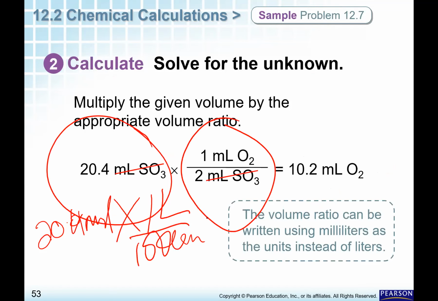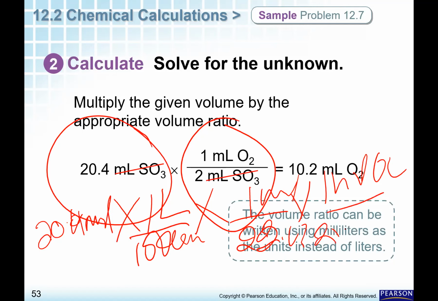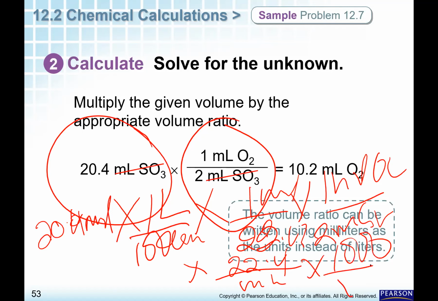Then multiply by 1 mole over 22.4 liters to convert to moles. Then multiply by 1 mole of O2 divided by 2 moles of SO3 to get the moles of oxygen. Then multiply by 22.4 liters divided by 1 mole of oxygen. Then multiply by 1000 over 1 liter to take it back into milliliters. You will get the same answer, which is 10.2 milliliters.